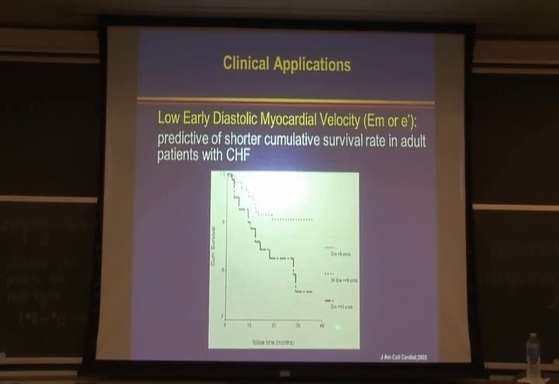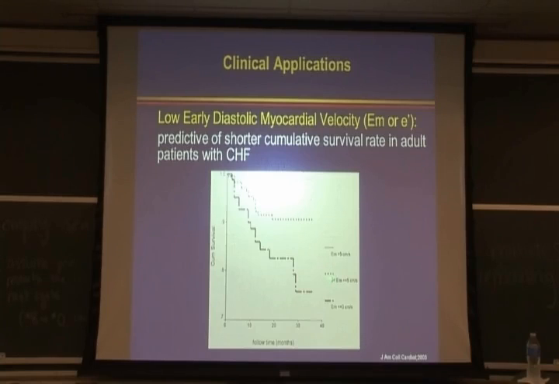In this large study published in 2003 of more than 4,000 patients, the patients who were in heart failure with decreased myocardial velocity of less than 3 centimeters per second, compared to those who had more than 5 centimeters per second, their survival was exponentially less and less with time over a 40-month period compared to those who had normal velocity, above 5 centimeters per second.